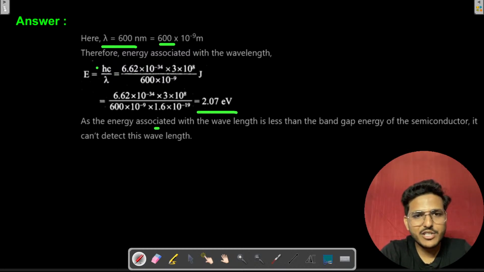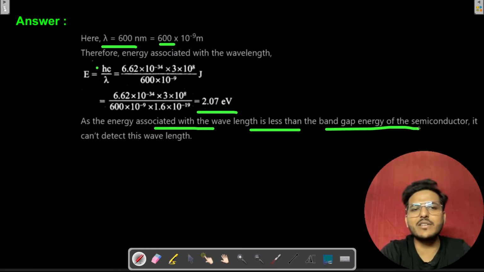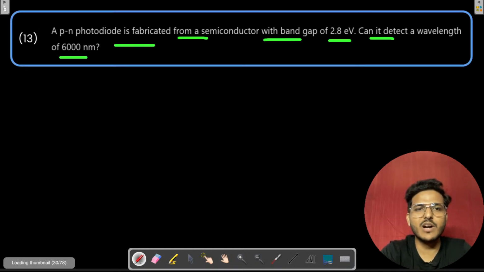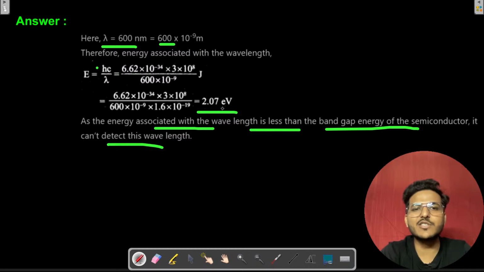As the energy associated with the wavelength is less than the band gap energy of the semiconductor, it can't detect the wavelength. Here the energy gap is 2.8 electron volt, and I have the energy as 2.07 electron volt only. So this one is lesser than the band gap, so it can't detect.